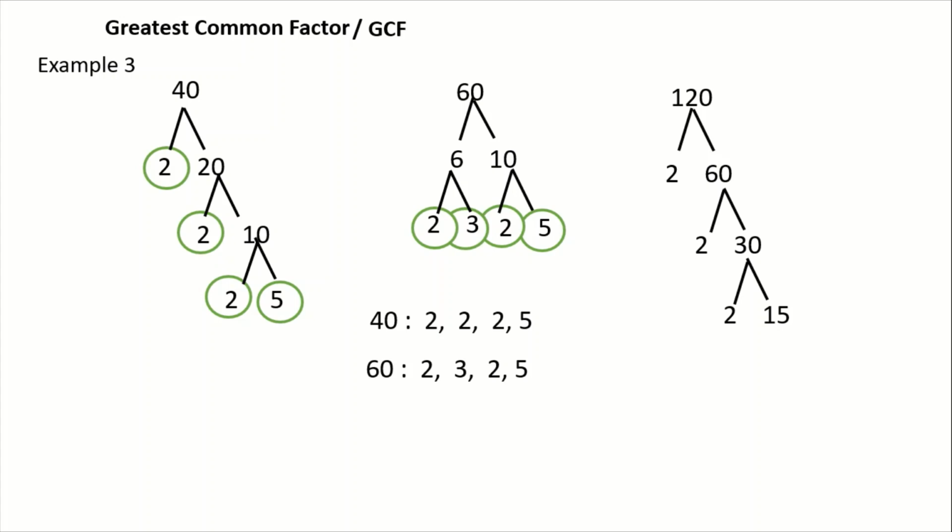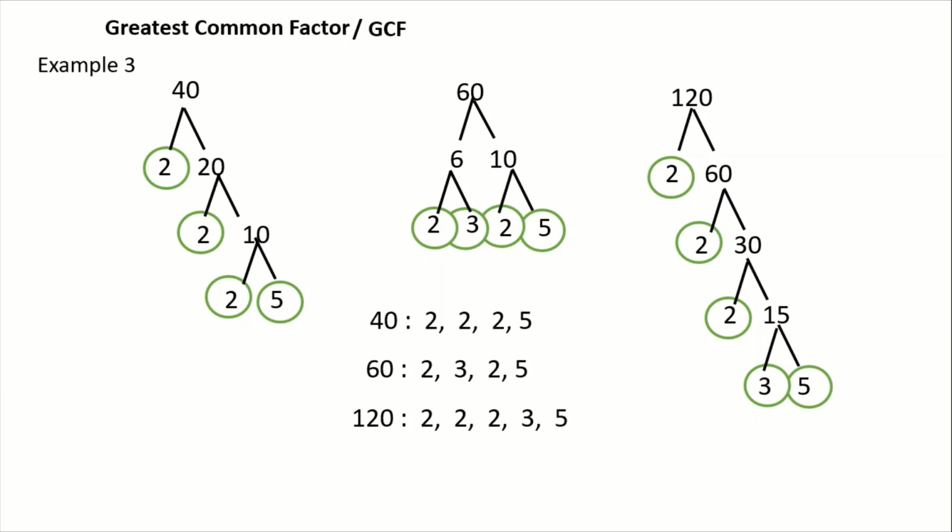Here we use 2 and 15 as factors of 30. Since 15 is still a composite number, we factor it, so we can use 3 times 5. All of those are prime numbers now. So, therefore, the factors of 120 are 2, 2, 2, 3, and 5.